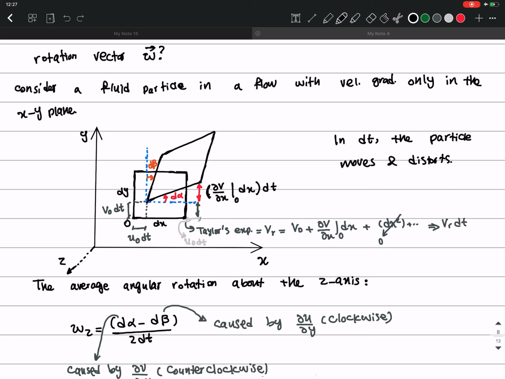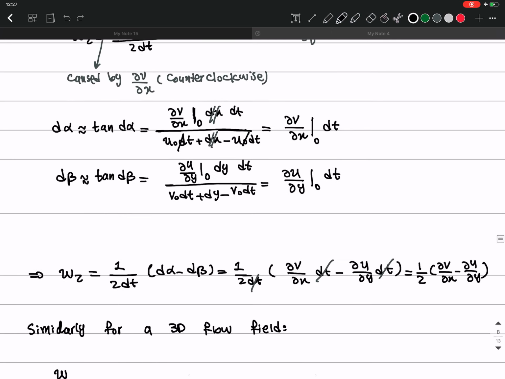Now let's see what the rotation around the other axes is. What about the rotation about the y-axis? That's called ωy, and around the x-axis is called ωx. So let's see what those are.